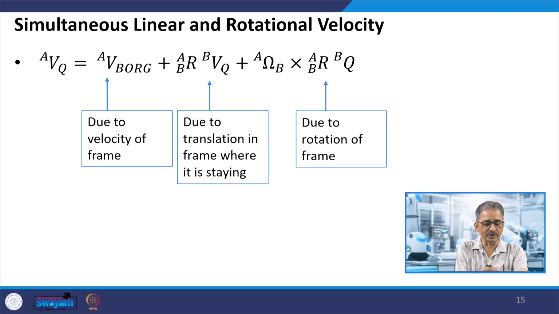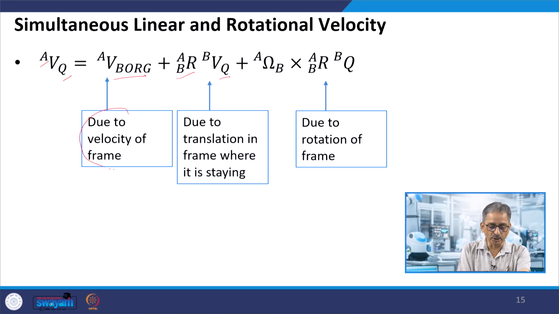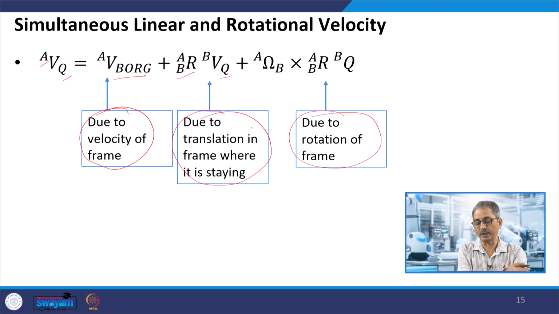The velocity of Q with respect to frame A, expressed in terms of frame A, is going to be the velocity of the B origin with respect to frame A expressed in terms of frame A, plus the velocity of Q with respect to frame B times rotation matrix R B to A, because we have to express it in terms of frame A, plus omega BA cross Q B rotated by B to A. So, the first component is due to the velocity of frame B, the second component is due to translation in the frame where this vector is staying, and the third is due to the rotation of the frame.